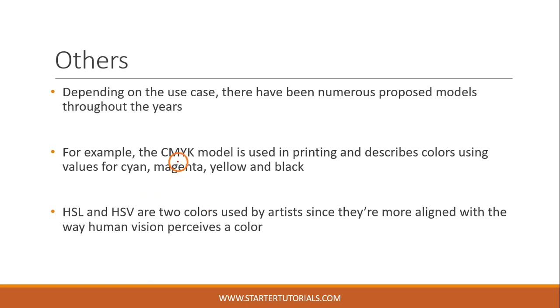Another popular model, used in web designing, is the CMYK model. C means cyan, M means magenta, Y means yellow, and K means black. Actually, K represents key, which is the black color.